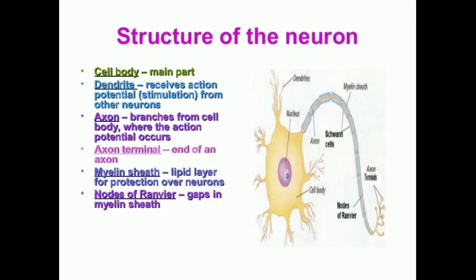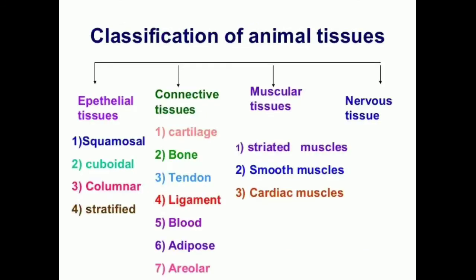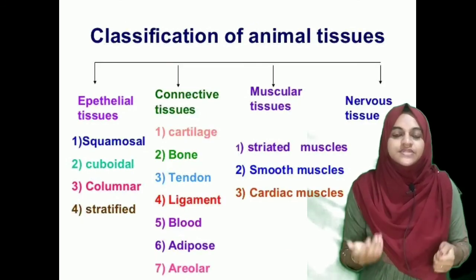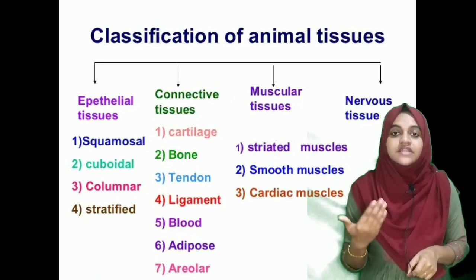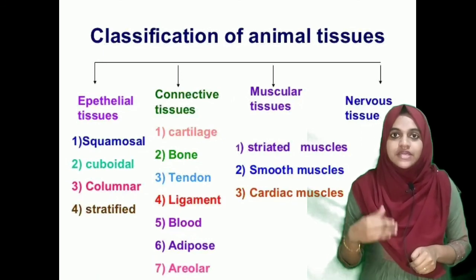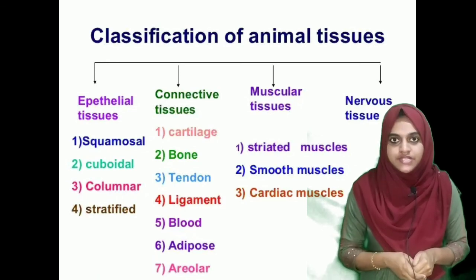That is, first one was epithelial tissue, second connective tissue, third muscular tissue, and fourth nervous tissue. So dear students, in today's class we discussed different types of animal tissues. There are mainly four types of animal tissues.